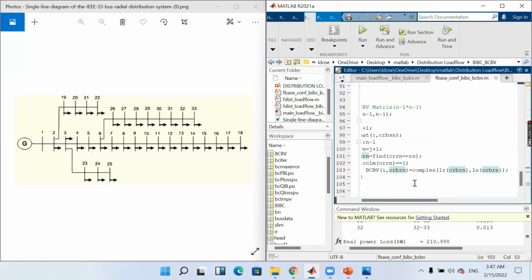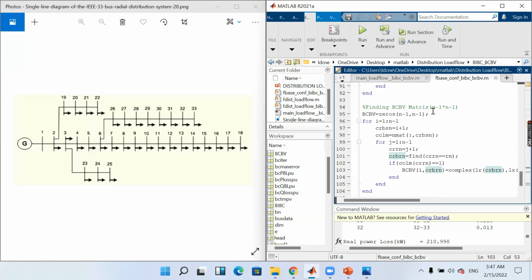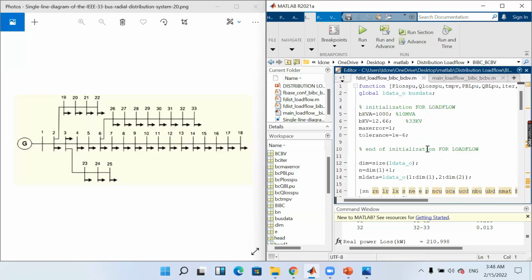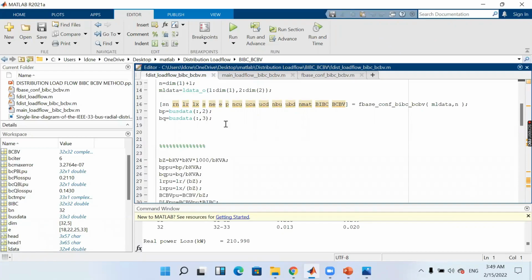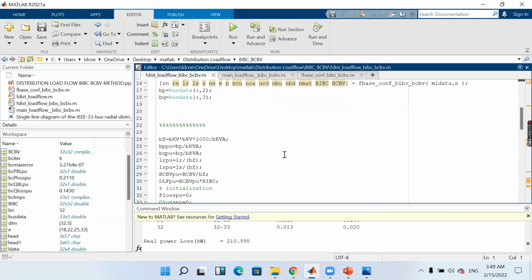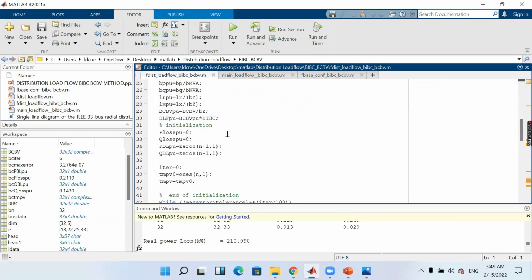After calculation of the BCBV matrix, we have to go through another function called F distribution load flow BIBC BCBV matrix. There is only a little bit of difference, that is, we have to calculate the BIBC as well as the BCBV matrix. After calculating that, we have to calculate the per unit value of the BCBV matrix.